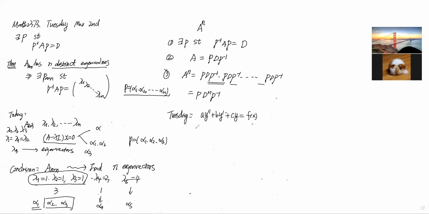How do we solve this? Step one is to solve the homogeneous equation, a y'' plus b y' plus c y equals 0. The method is called the characteristic equation method. You try to solve a lambda squared plus b lambda plus c equals 0.